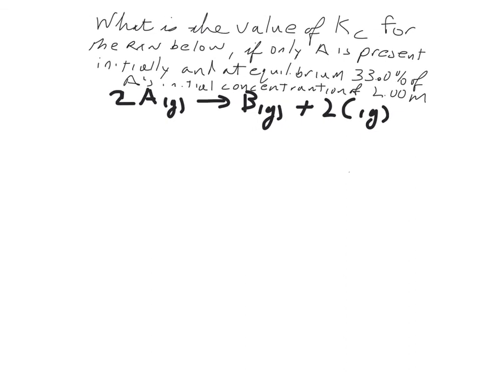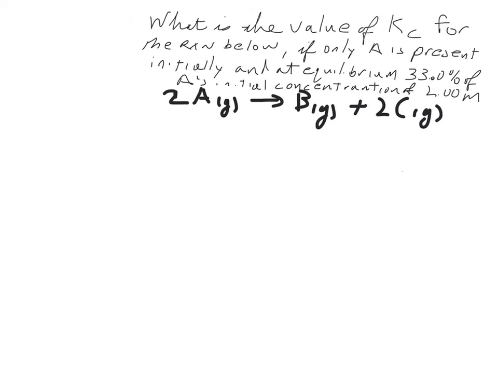We have an initial concentration, and my initial concentration of A is 2 molar. They tell me I have no B and no C. The change that takes place, therefore, is the conversion of A to B.